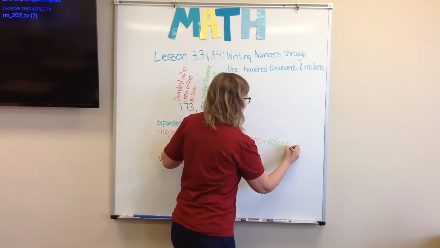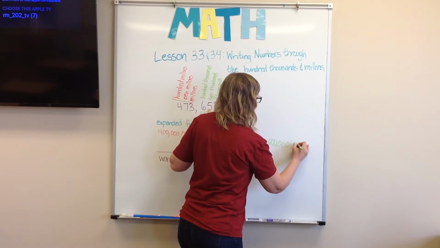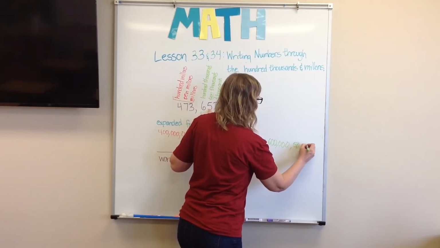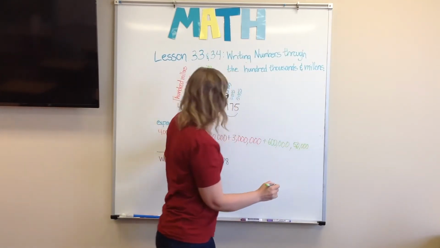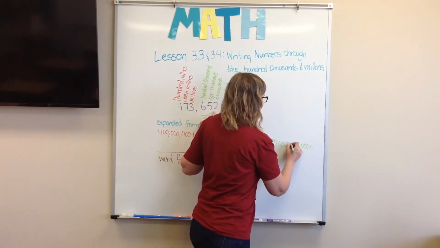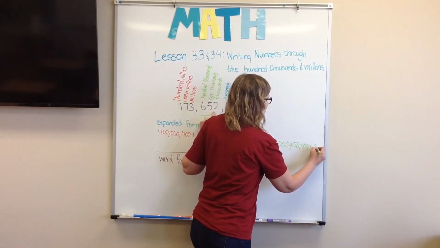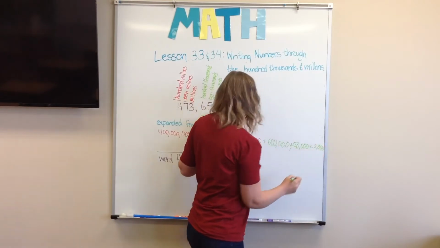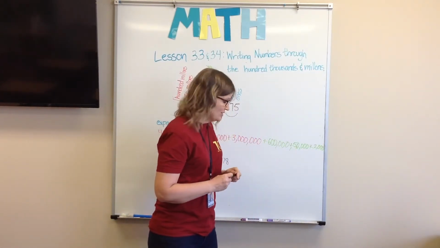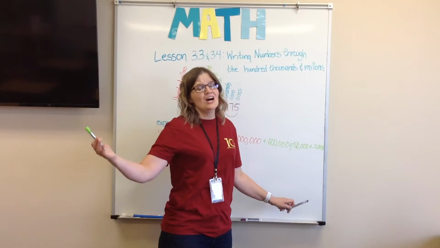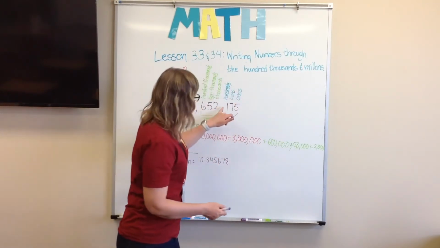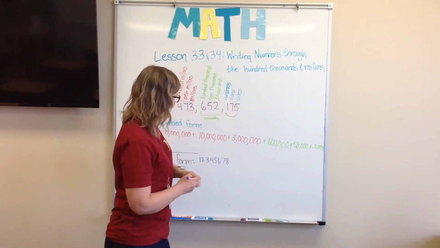This one, 50,000, will have 4 zeros. And then we have 2,000. Now we're getting to something that we know about. Are we done writing expanded form? No! We still have to take care of the hundreds, the tens, and the ones.